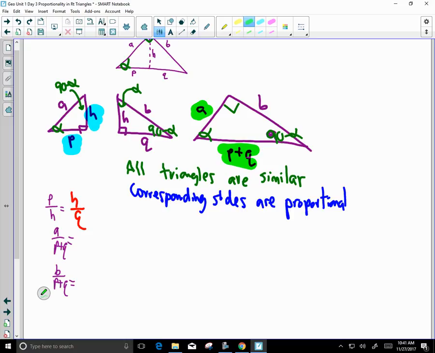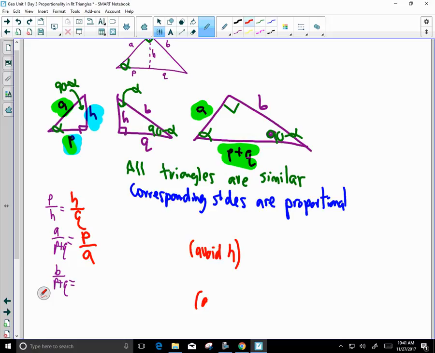P is to A. Yeah, because A is between alpha and the right angle, and that's what P is. And then P plus Q is the hypotenuse, and in this case it's A. We don't want to use the one with the H in it this time because we're trying to avoid H.